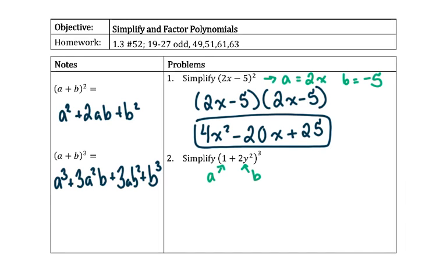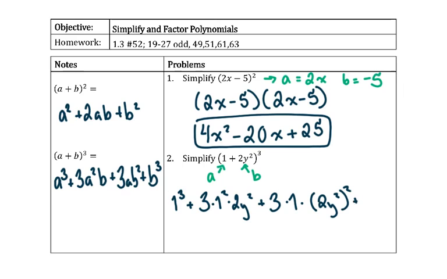So we end up with 1 cubed, so a cubed, plus 3a squared b plus 3a times b squared. I'm going to put parentheses around it just to make sure my organization stays good, plus b cubed, so (2y squared) cubed, and then simplify down from there.